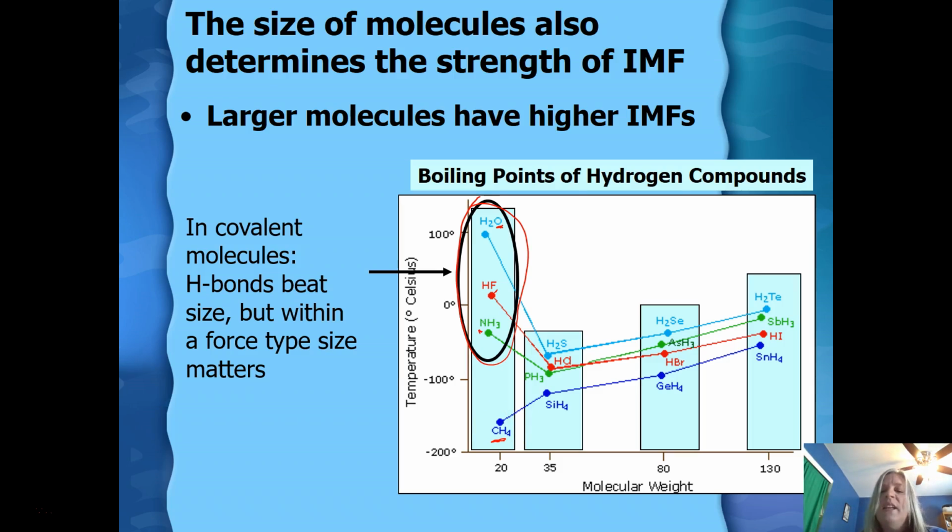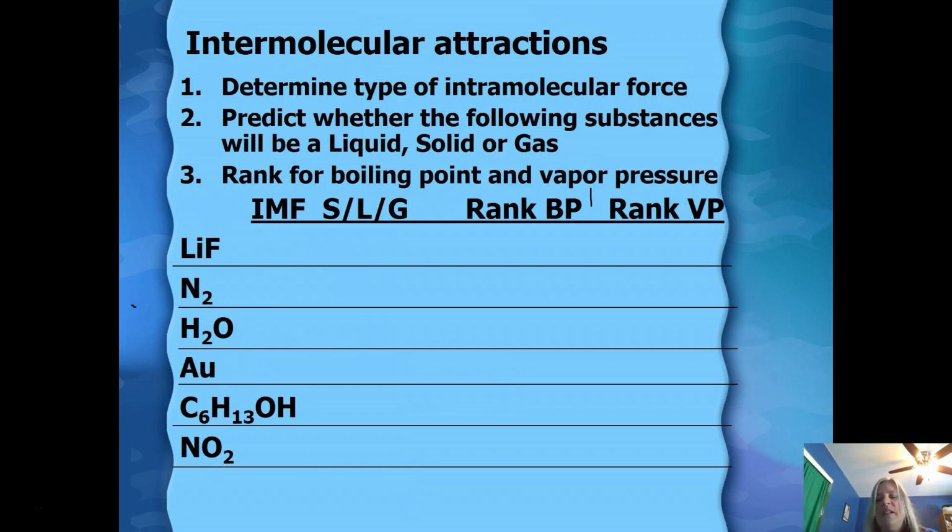So hydrogen bonding is more important than size when it comes to something like boiling point. So force matters, size matters, but like I said, we're going to do some cuts. But if you have two covalent molecules that have dispersion forces, for example, and you had to pick which one had the higher boiling point, you'd have to go to the periodic table and calculate its molar mass.